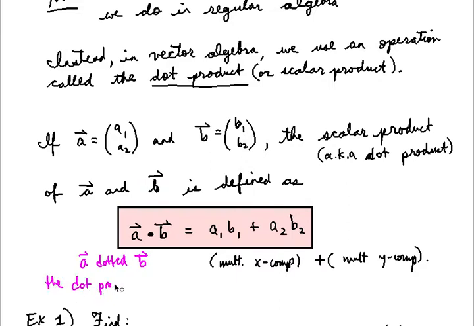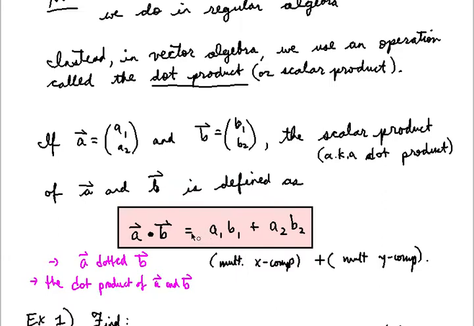So these are the two ways you can read this. The dot product, A dotted with B, is the x components, A1 times B1, multiplied together, plus the y components, A2 and B2, multiplied together.